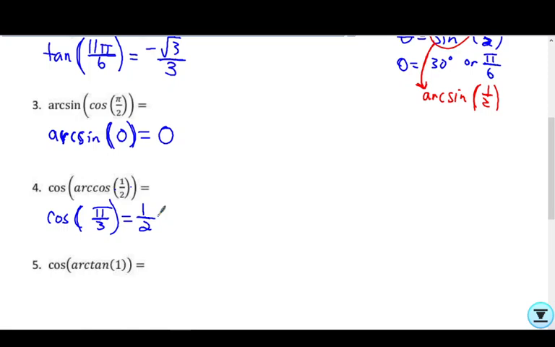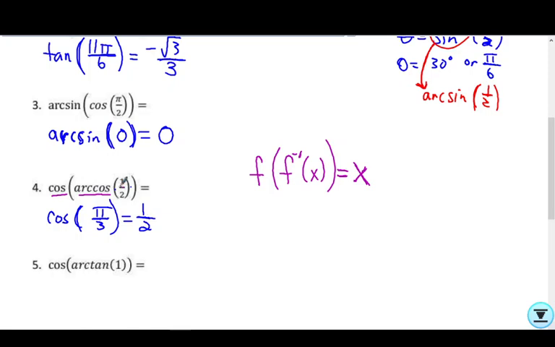Now, one thing that you have to realize is that arc cosine and cosine are inverses. So this was basically what we talked about back when we talked about inverses. When you take the function and you take its inverse, you should get back x. Okay? That's something that we talked about at the very beginning of the year. And in this case, absolutely, we get back exactly what we started with, 1/2.